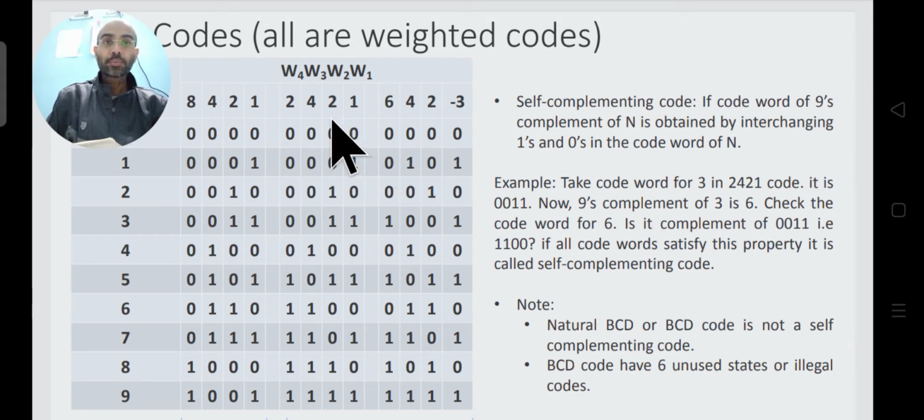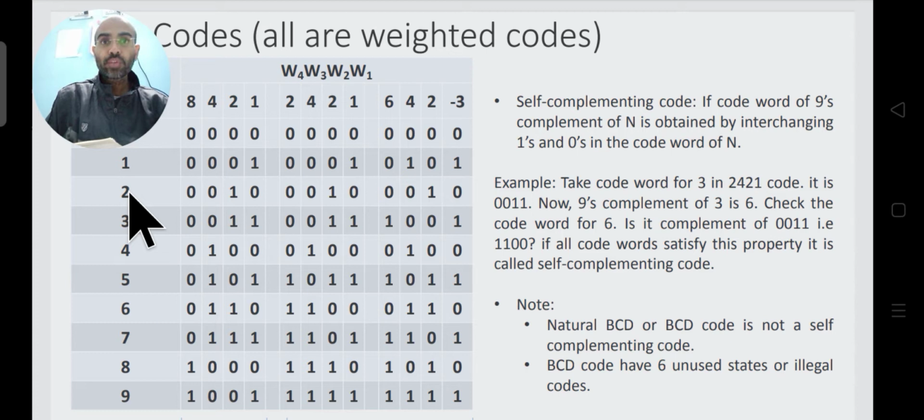So let us try to particularly write the code for a particular decimal digit in 2421 code. So in 2421 code, if I pick randomly, let's say 2.